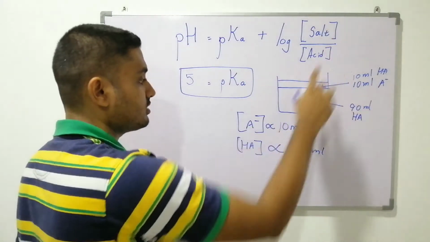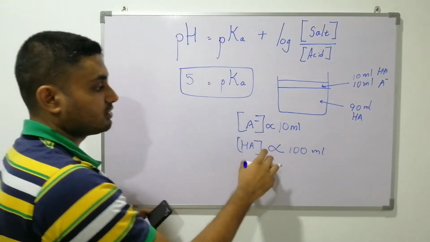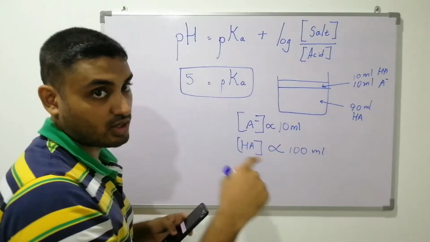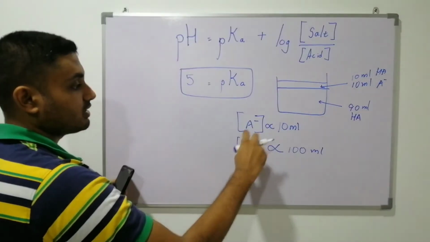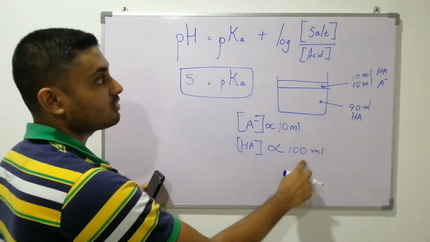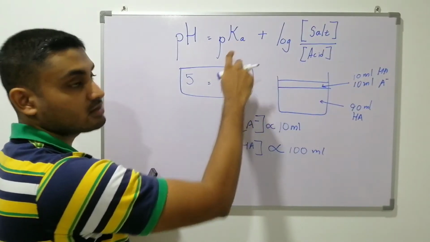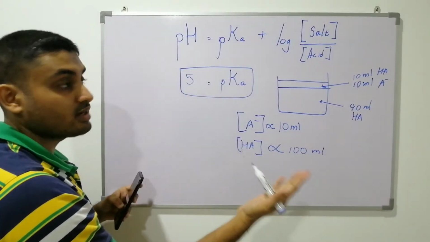Let me calculate this and show you the answer, and then I will show you the long method. Now I can plug these two, 10 and 100, into here, and pK is now known. Then you can calculate the pH, right?